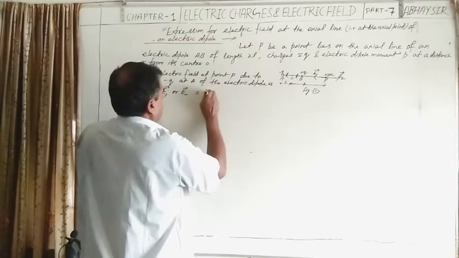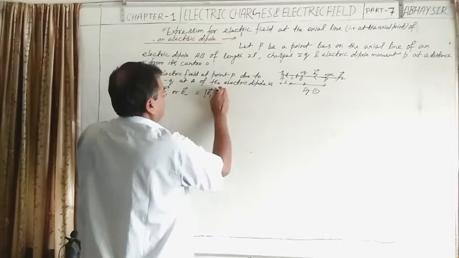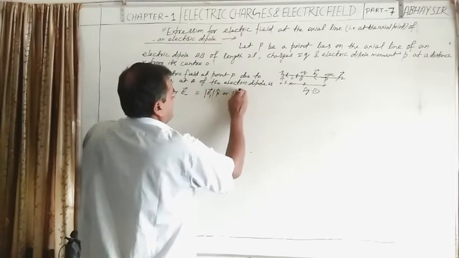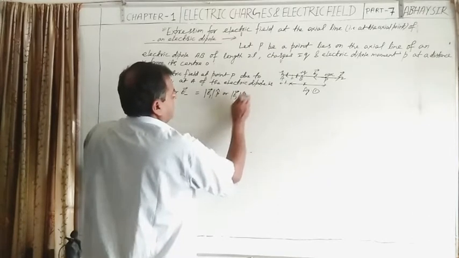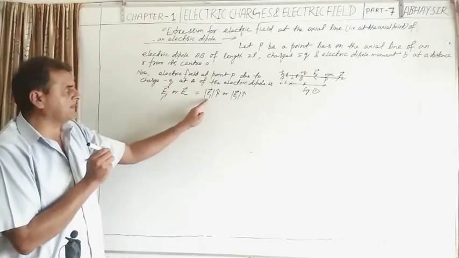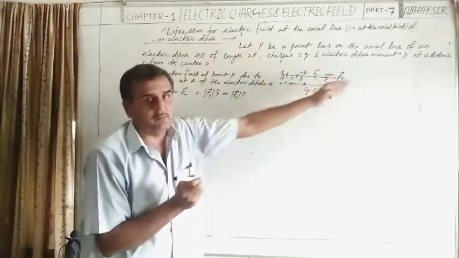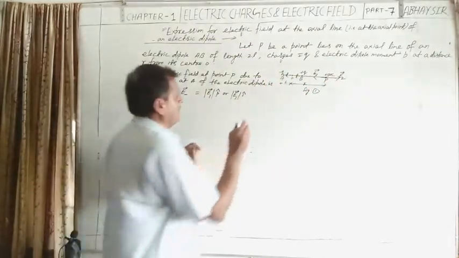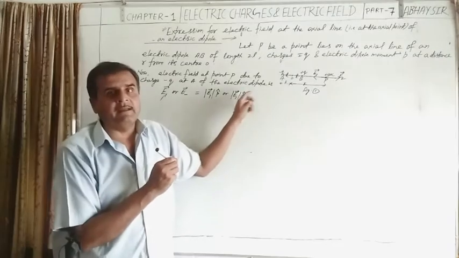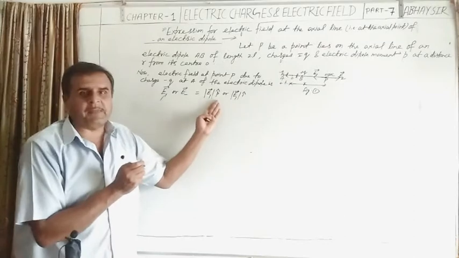Mod of E1 into P cap, or mod of E1 vector into I cap. Magnitude and direction. Magnitude of electric field intensity is E1 mod. P cap is the unit vector along the axis of the electric dipole, from minus Q to plus Q. Or I cap is the unit vector along x axis, positive x axis. So we can take either P cap or I cap.